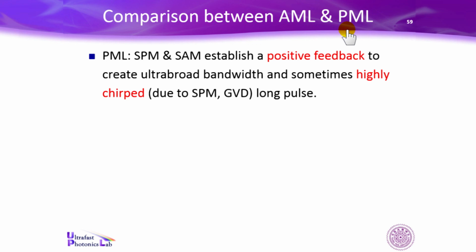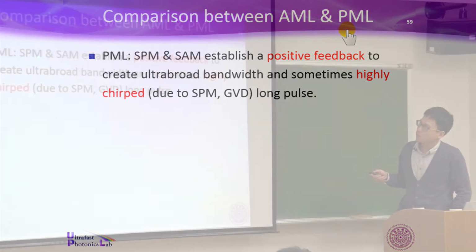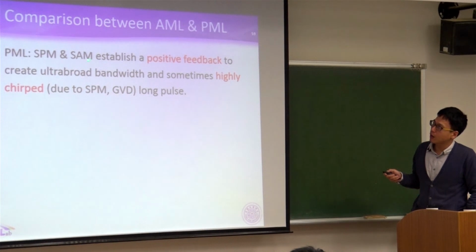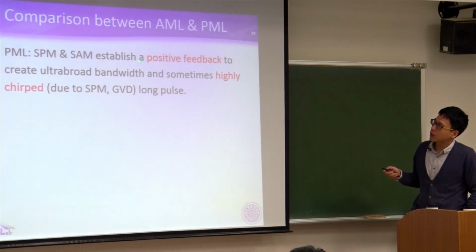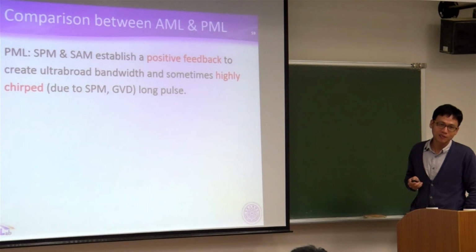Finally, we compare active mode locking and passive mode locking. Okay, in lessons 2 and 4. In passive mode locking, self-phase modulation and the self-amplitude modulation establish a positive feedback to create ultra-broad bandwidth and sometimes highly chirped long pulse.